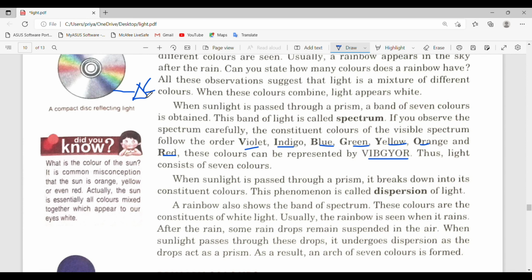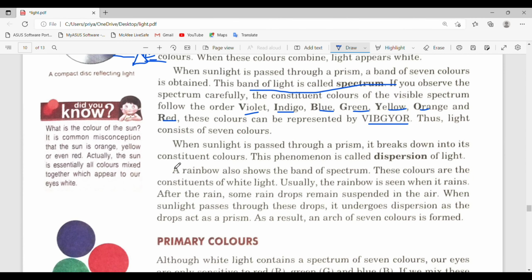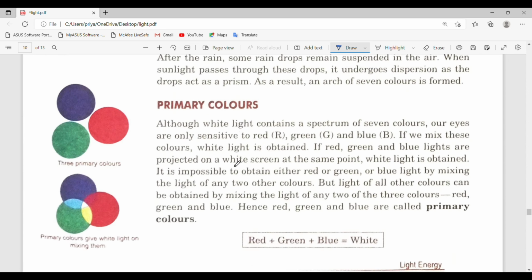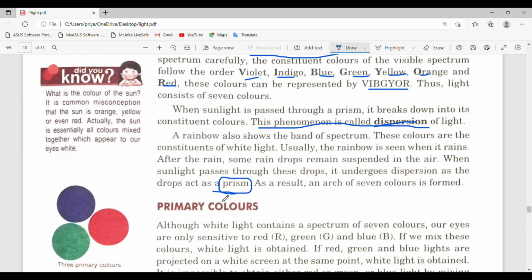It splits up into 7 different colors. ठीक है. एंड दोस 7 कलर्स आर नोन एज विबग्योर, है ना. और जो इन लाइट का जो बैंड बनता है, दैट बैंड इज नोन एज स्पेक्ट्रम. और जो फिनोमिना होता है किसका? लाइट का स्प्लिट अप होने का फिनोमिना, उसे बोलते हैं डिस्पर्जन ऑफ लाइट. Hope so this video is very clear to you.